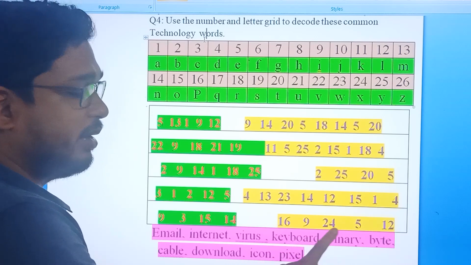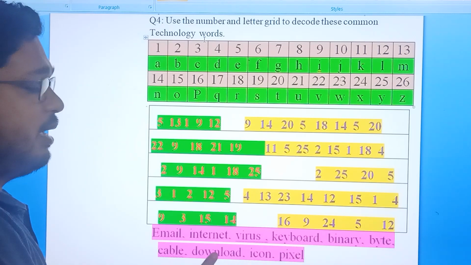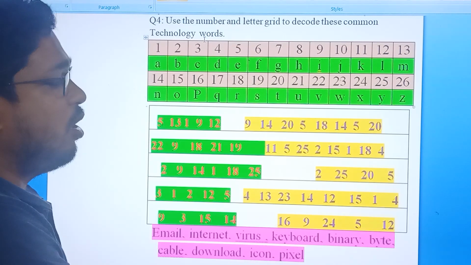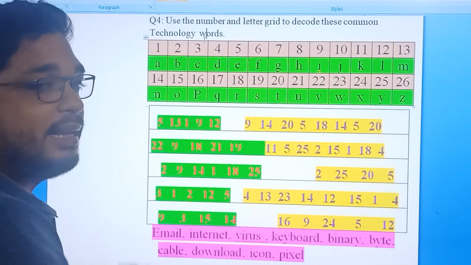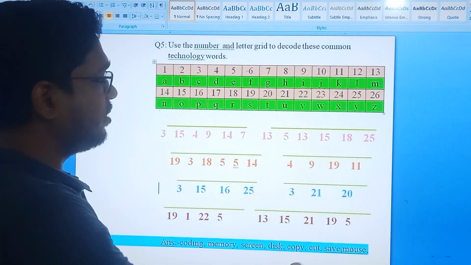One is keyboard, next is binary, next is byte, then cable, then download, icon, and pixel. All are technology words. So here is one more set of technology words for you.